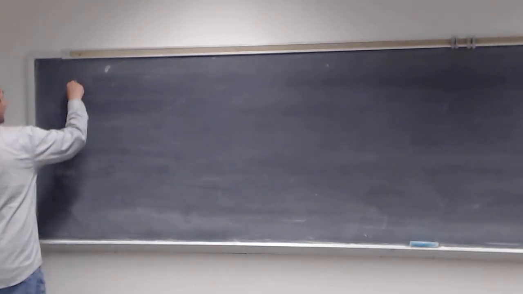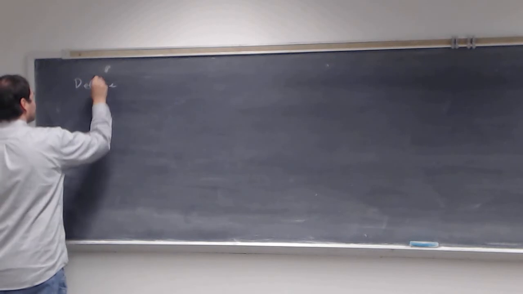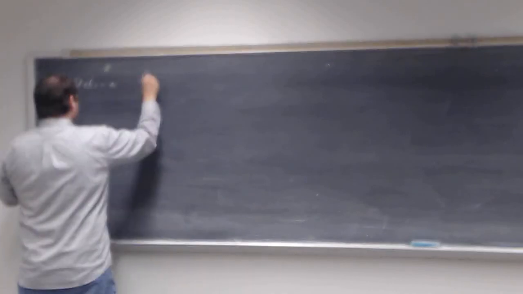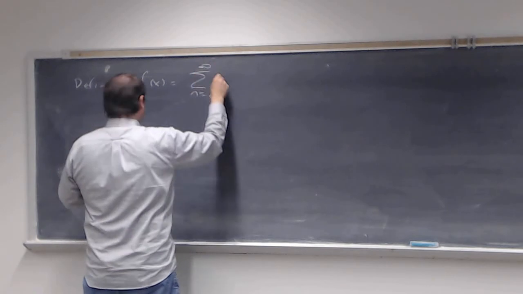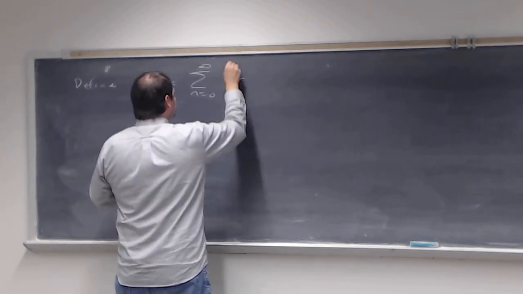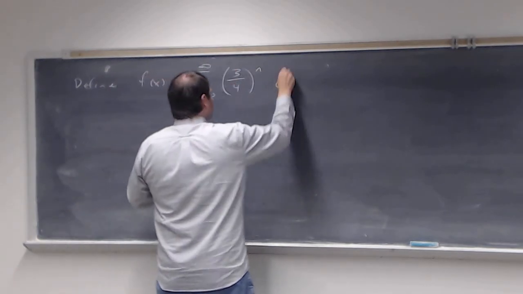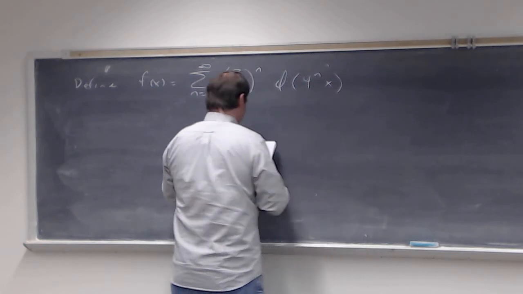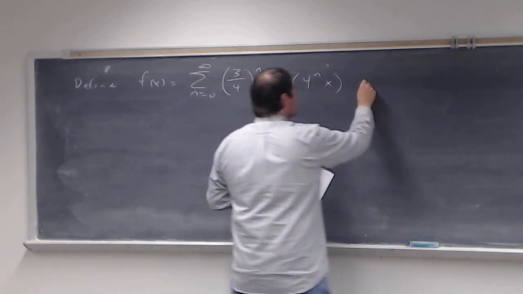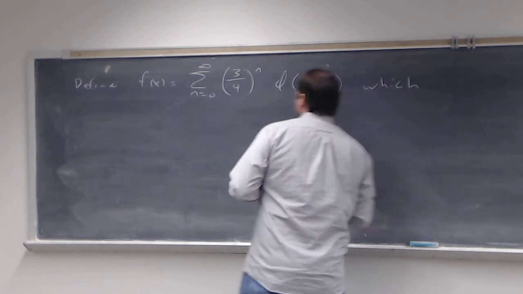Okay, now we define f of x to be equal to the sum as n goes from 0 to infinity of (3/4) to the n times phi of 4 to the n x. And I'll say which exists.